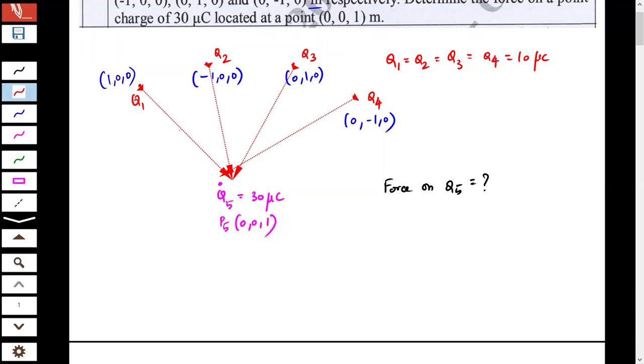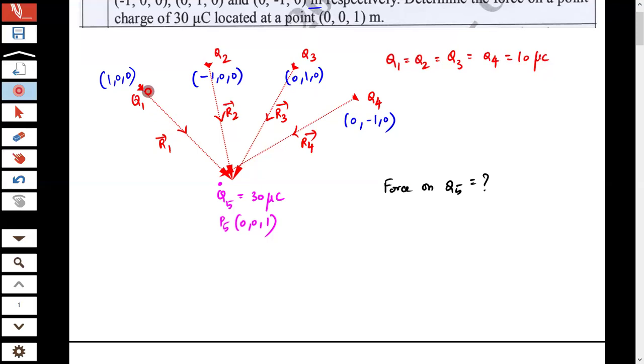So first we can find vectors R1, R2, R3, and R4. When we find the vector R1, it is directed from Q1 to Q5, which means this is the start of the vector and this is the termination of the vector.